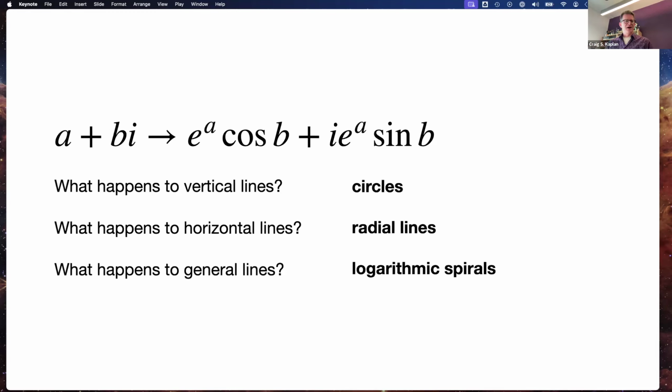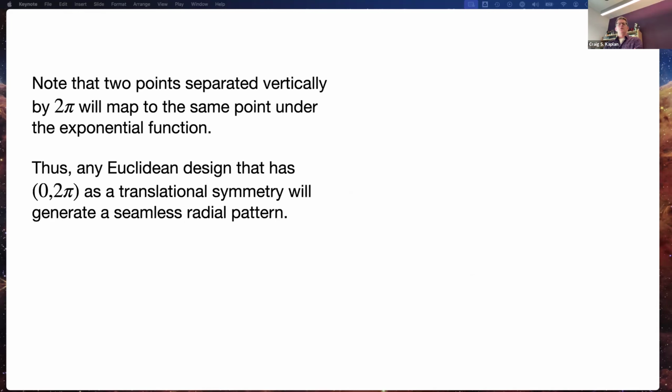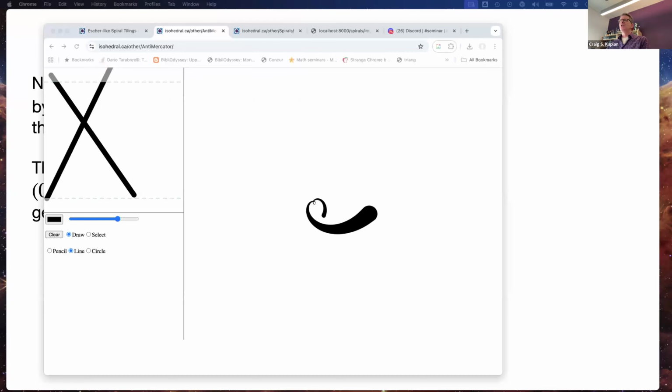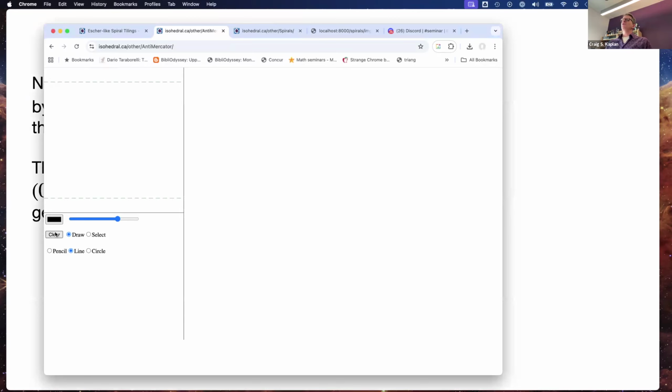All right. So moving back to here. And so now moving into how to use this to make interesting tilings, to make interesting patterns in the complex plane, observe that 2 points that are separated vertically by 2 pi will map to the same point under the exponential function. In other words, the whole Euclidean plane here repeats vertically every 2 pi.